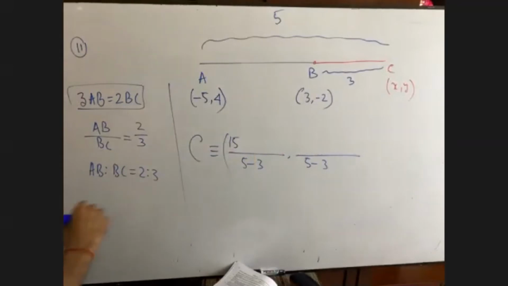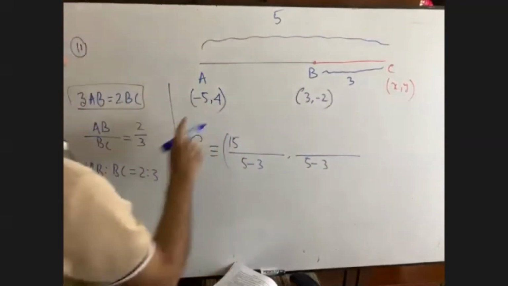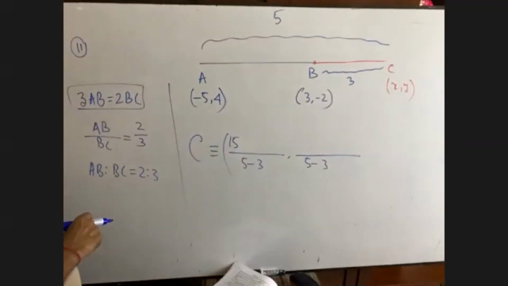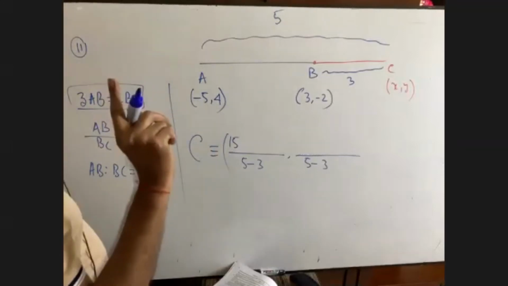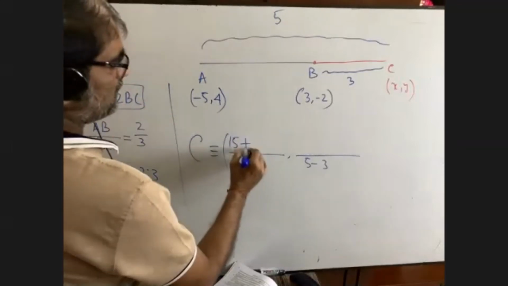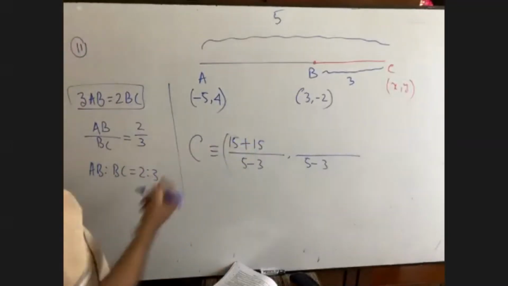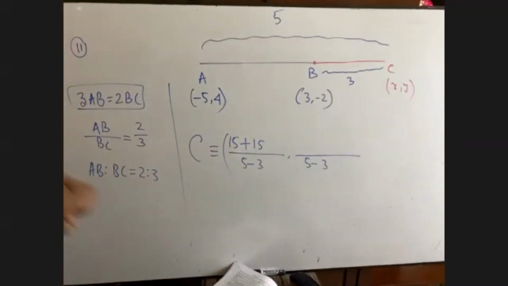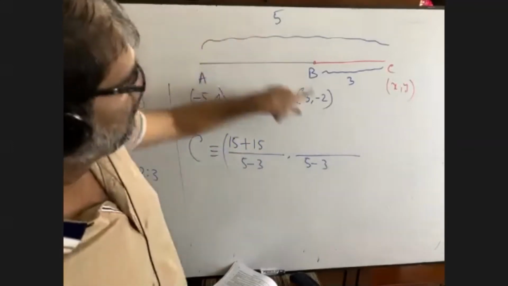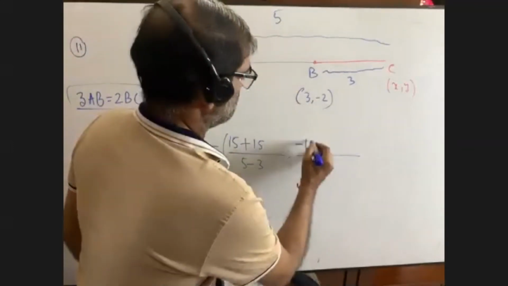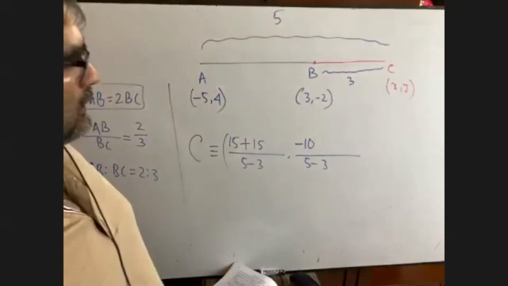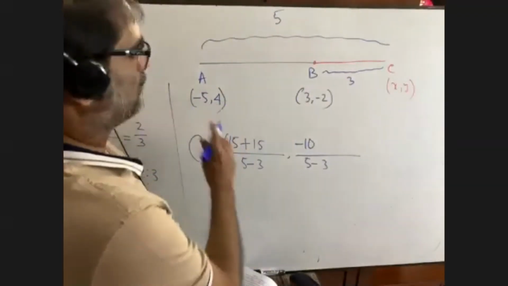Now come here. 3 into -5 equals to what? Minus 15. But there is a minus sign. So it will be plus 15. For external division, we have minus, right? Yes, sir. Now you come here. 5 into -2, what? Sir, minus 10. 3 into 4, what?